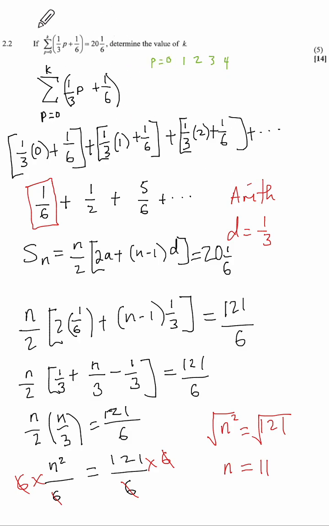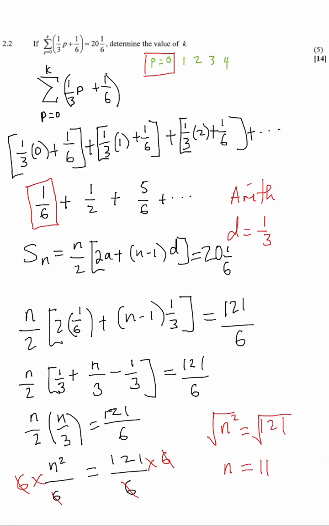So then what would be k? What would be the k which gives us 11 terms? Because p equal to 0 is included, to get 11 terms, k would have to be 10. Because 0 is included, from 1 to 10 is 10 terms, and then plus 1 gives us the 11 terms we have here.